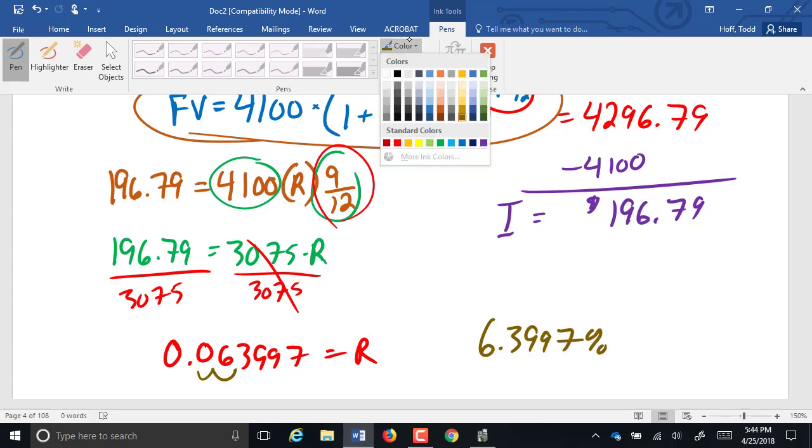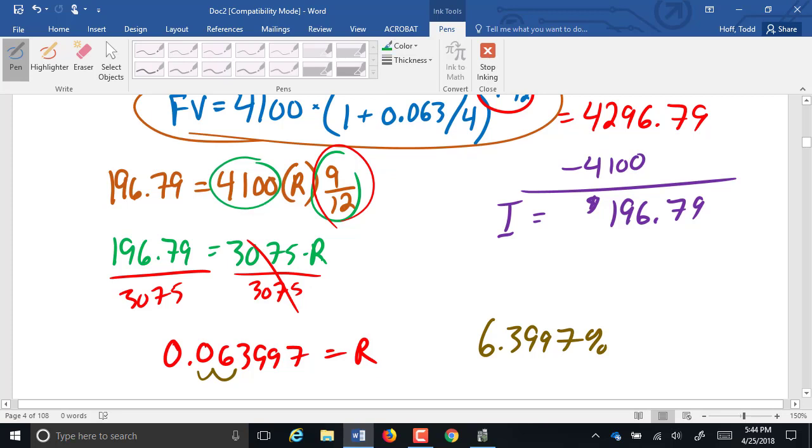Now again, I didn't tell you where to round it. So we go to the nearest hundredth. That'd be right here. That becomes 6.40%. That should always be just slightly higher than the stated rate. This one stated 6.3%, 6.40 is just a little bit higher.